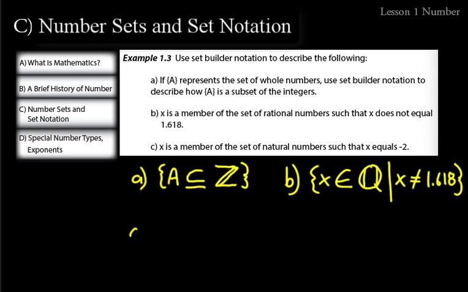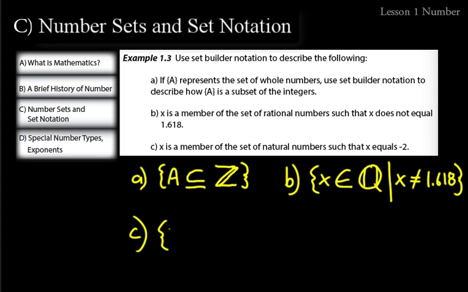And then C, X is a member of the set of natural numbers such that X equals -2. Counting numbers and natural numbers are the same thing. They begin with 1. Therefore, this is an empty set, since -2 is not a natural number. So we can write the symbolic notation and write the set out.